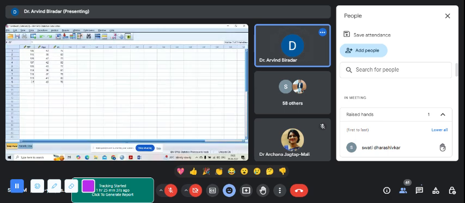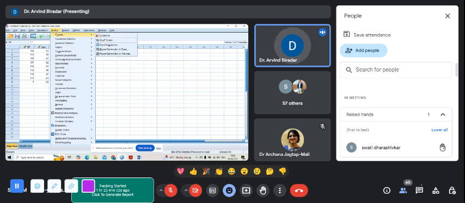First of all, we must check multicollinearity. How to check it?